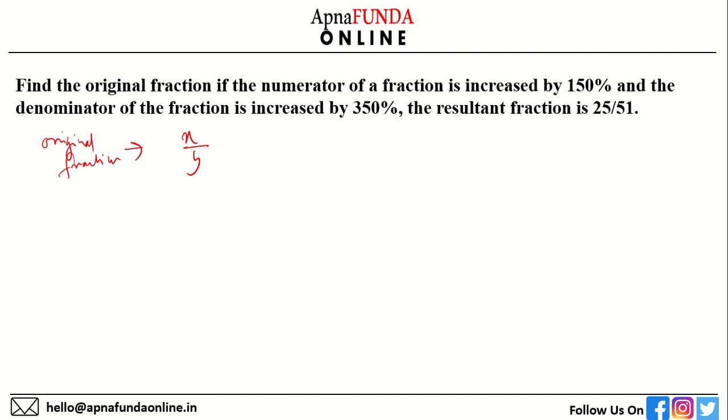Correct? What is given is that when I increase x by 150% and when I increase the y by 350%, this fraction should become 25 by 51. Correct? Now let's solve this.